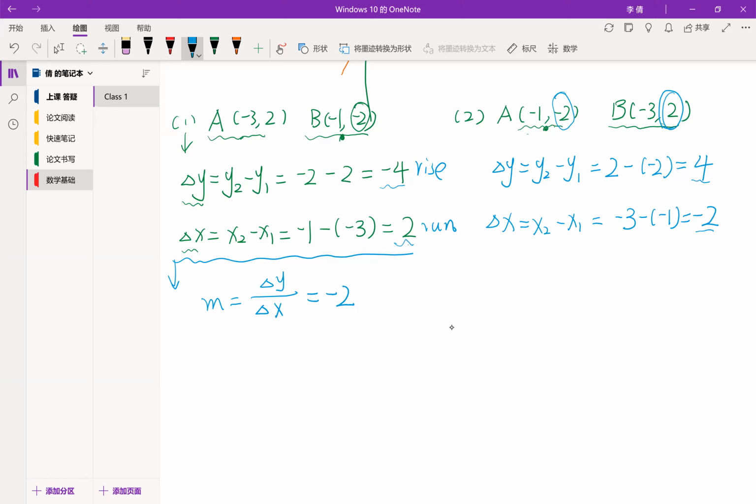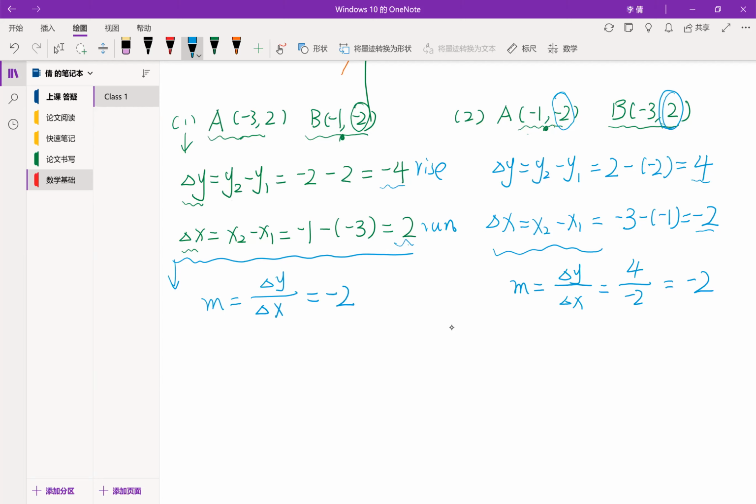And if we use the second one to compute the slope of this line, it is equal to delta y over delta x, which is 4 over -2, equal to -2. Right, let's see.